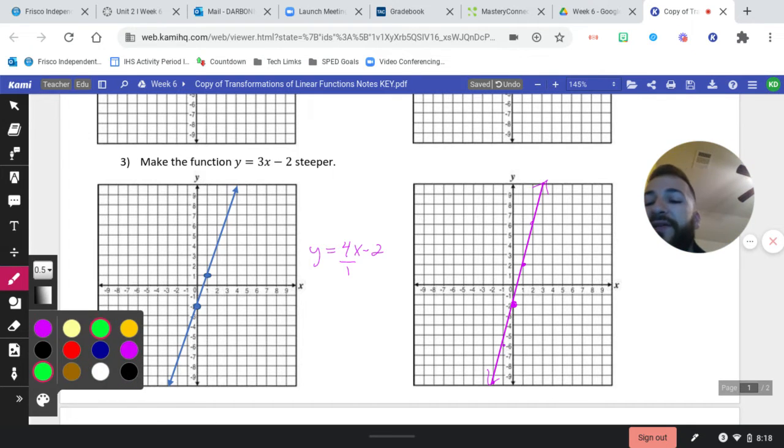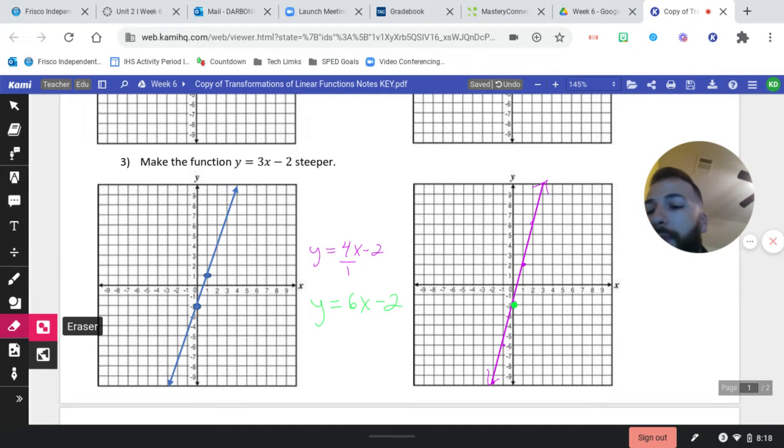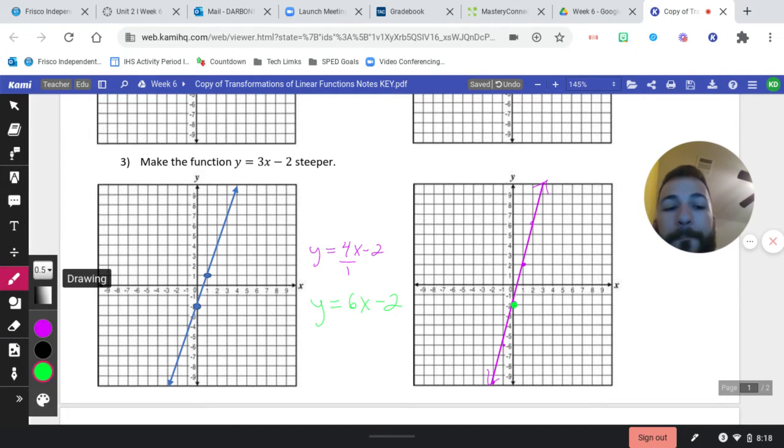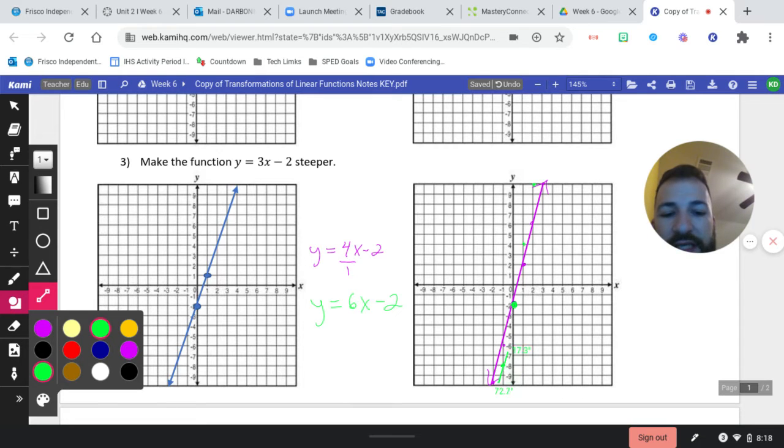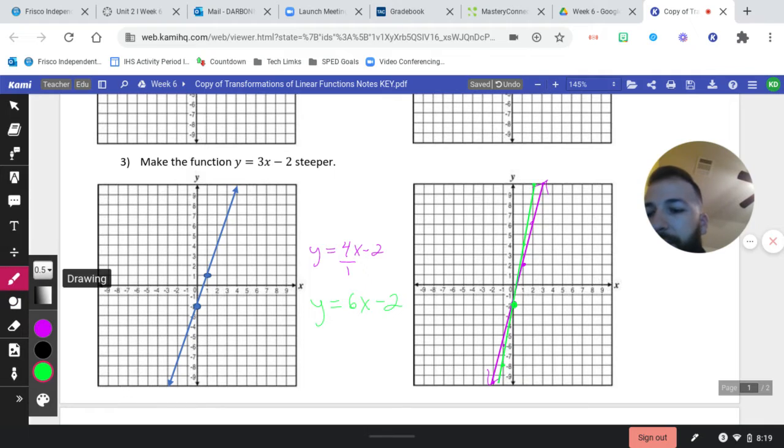Let's go significantly higher. Let's do y is equal to 6x minus 2. Still the same exact y-intercept, but now we're going up by 6 and over by 1. You should notice, once again, my function has gone a little bit steeper.